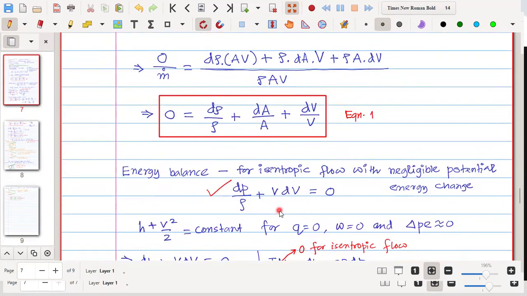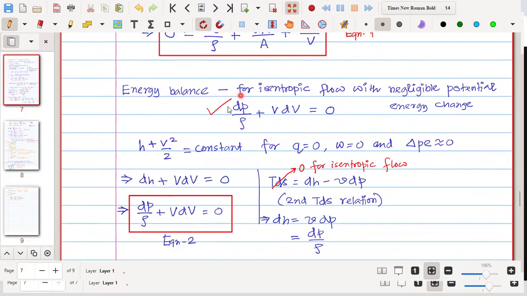Next, we have taken up the energy conservation equation. For isentropic flow without heat transfer, work transfer, and negligible change in potential energy, you know that H plus V square by 2 is equal to constant. So we have differentiated: dH plus VdV is equal to 0. Now you see that from the TdS relation, TdS is equal to dH minus VdP.